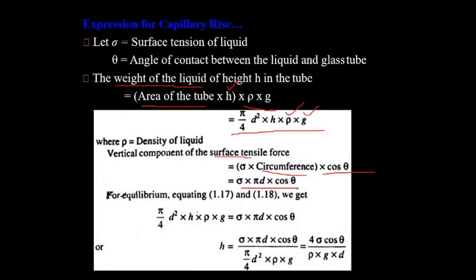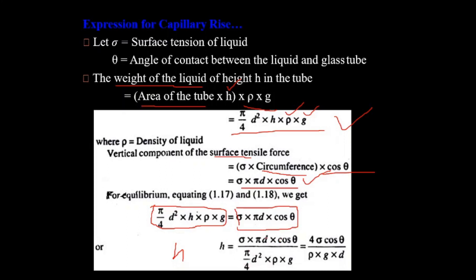In equilibrium, this surface tension force and the weight are equal, so we will equate both equations. The weight of the liquid of height h is equated with the vertical component of the surface tension force. Once we equate, we can find the height of the liquid: h is equal to sigma pi d cos theta divided by pi by 4 d square into rho into g.